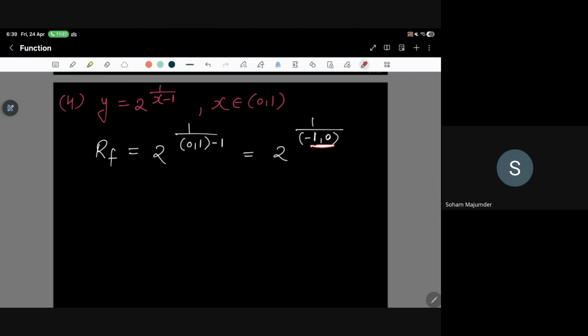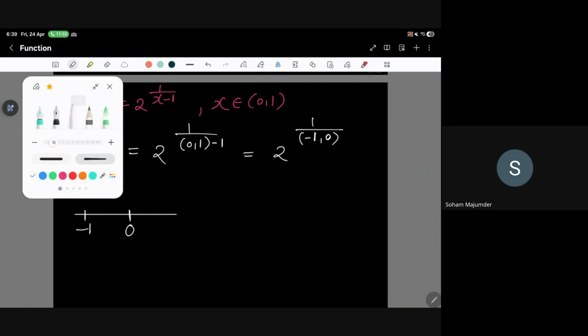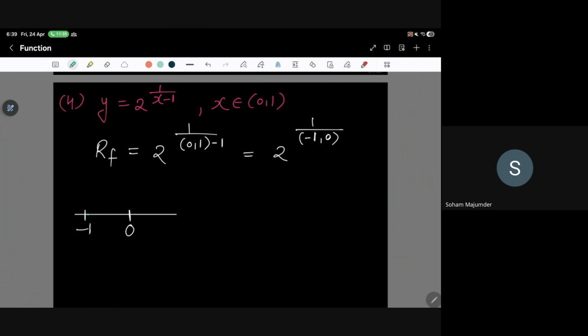Now this is the very important part. So see, you are on the left side of 0, right? From minus 1 to 0 means we are on the left side of 0.